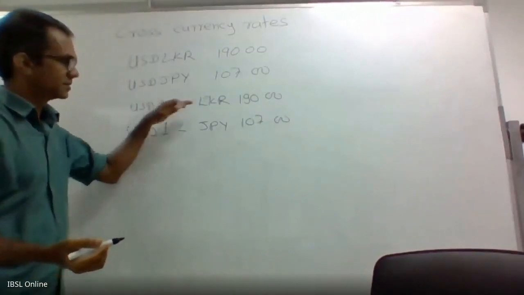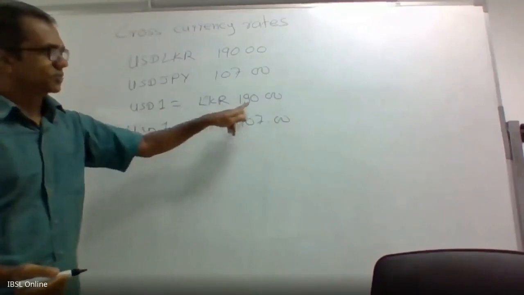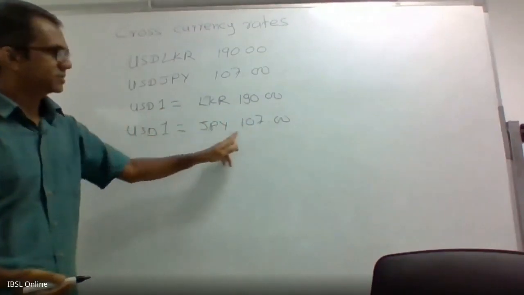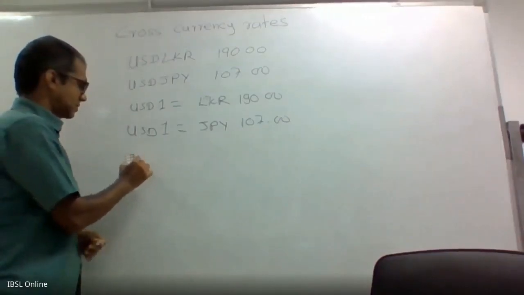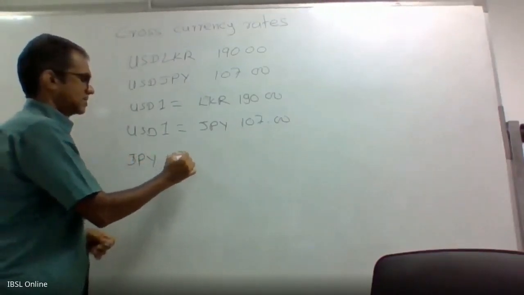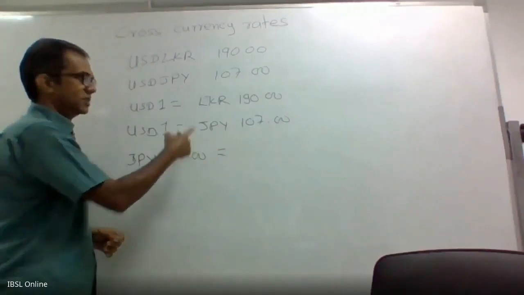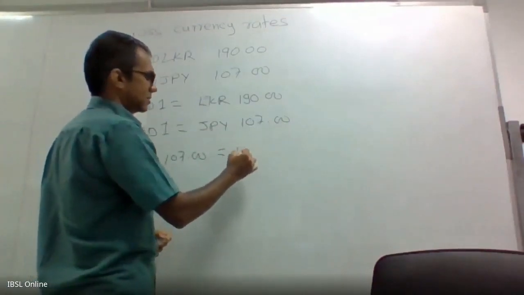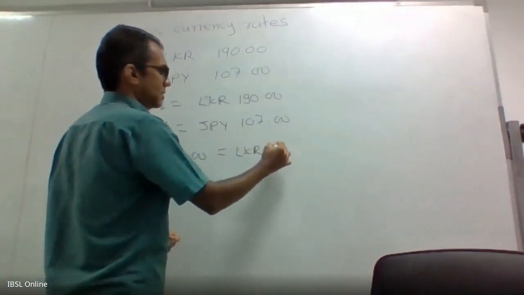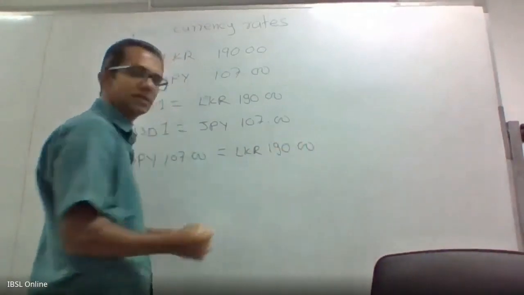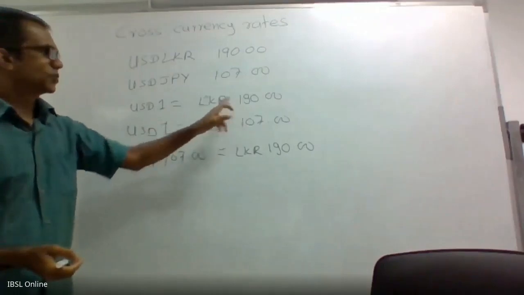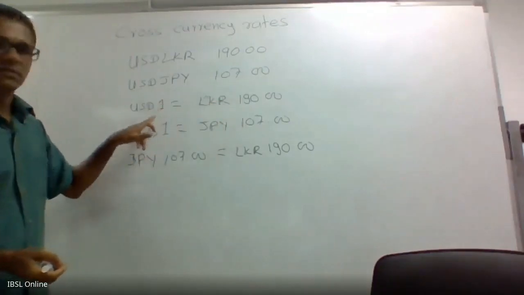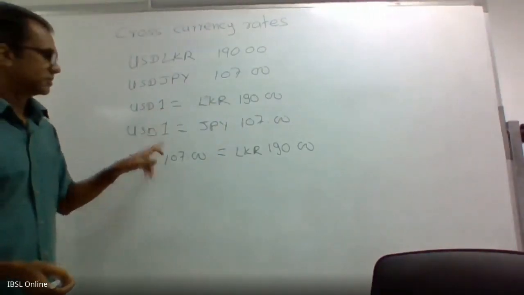If $1 equals rupee 190 and $1 equals 107 yen, that means 107 JPY equals 190 LKR, because both values are equal to the value of $1.